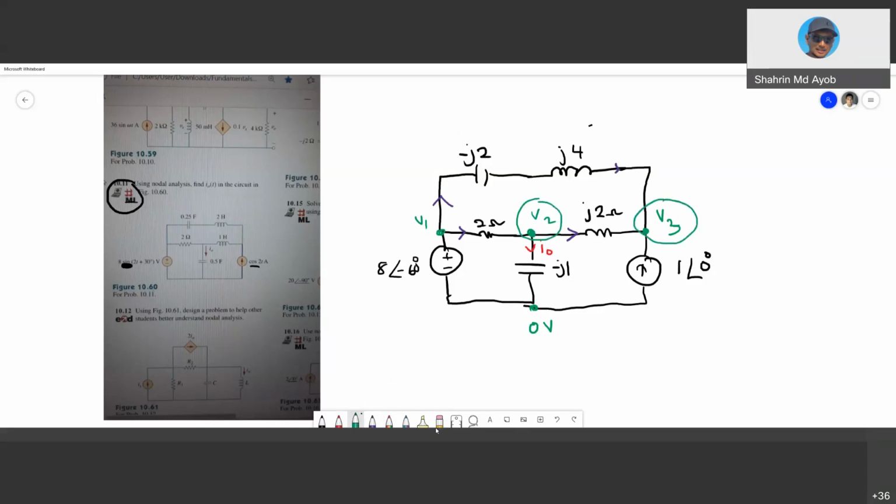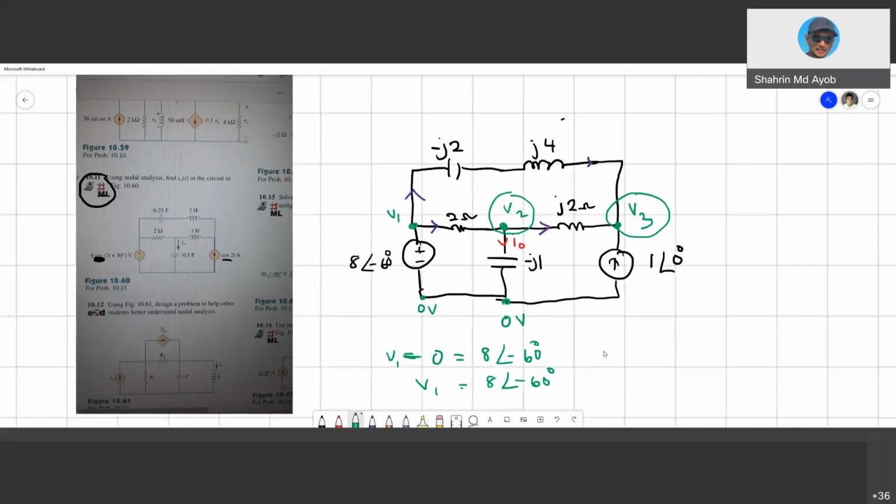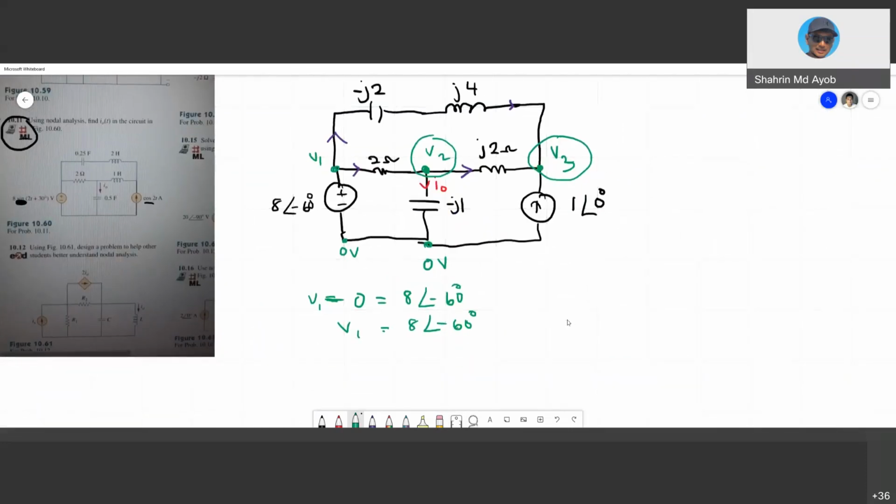V1 is already known. We know that this one is 0 voltage. So V1 minus 0 is equal to 8 angle negative 60. So V1 is 8 angle negative 60 degrees. Directly you can put it like that. So this is the first equation.